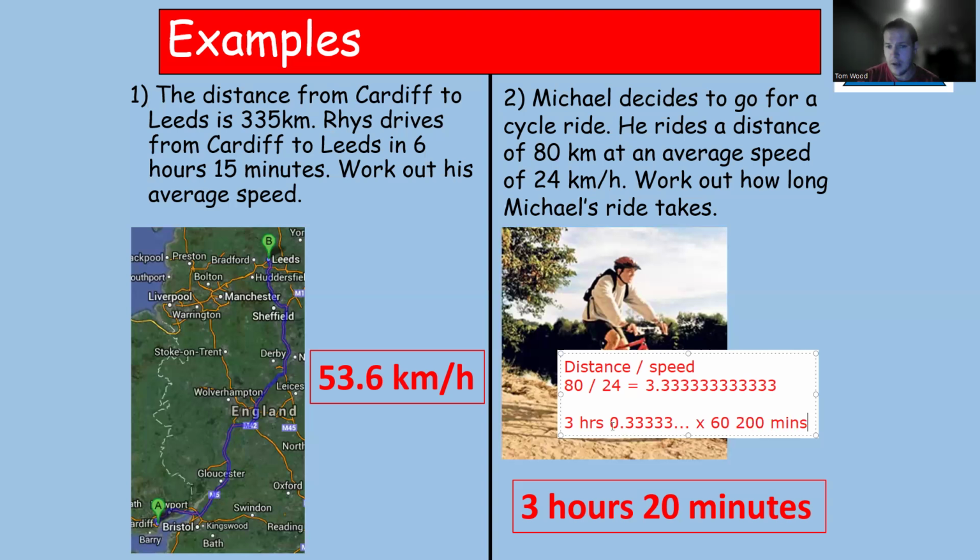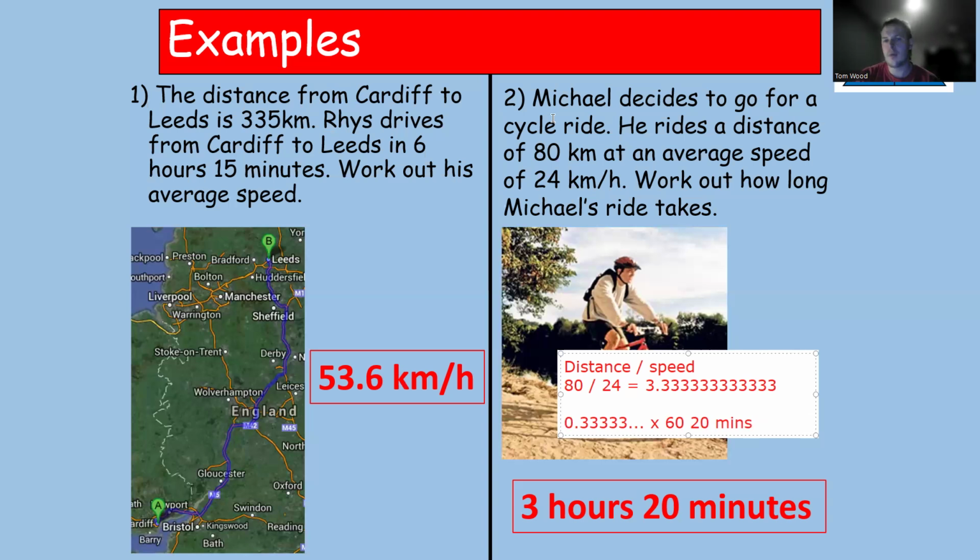Or you can just realize, well, I've got 3 whole hours, so you can just type in 0.333333 times 60, and it will tell you it is 20 minutes there. Yeah, that's a really good point, actually. And I will highlight that as well. So thank you very much for mentioning that, Josh.